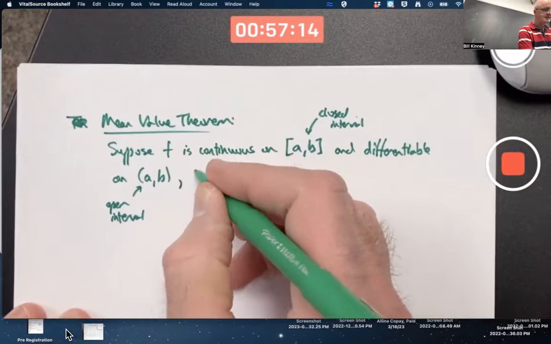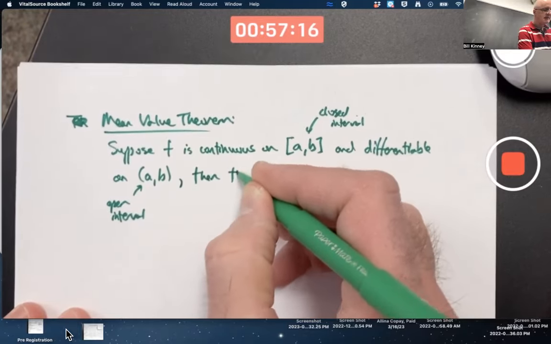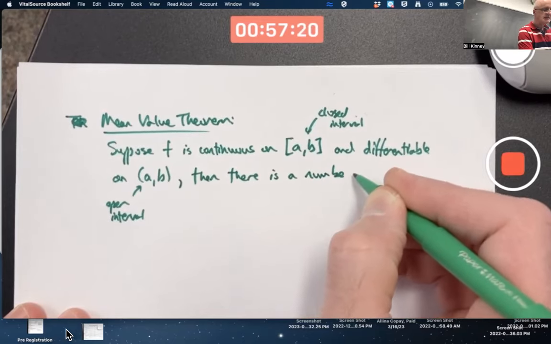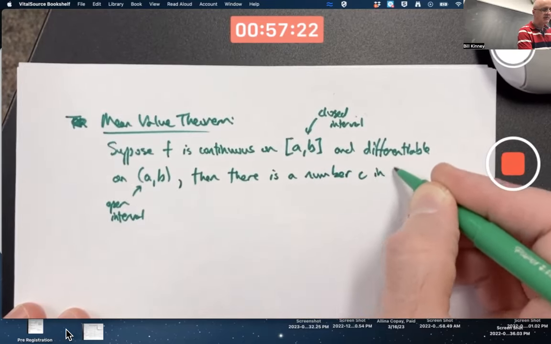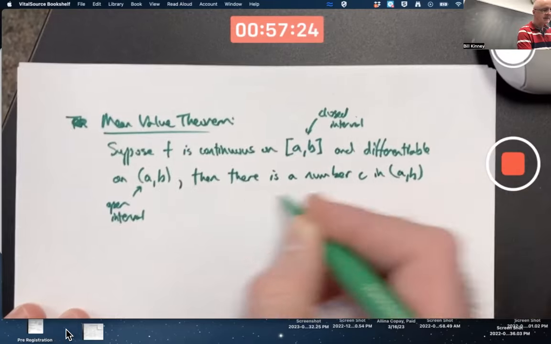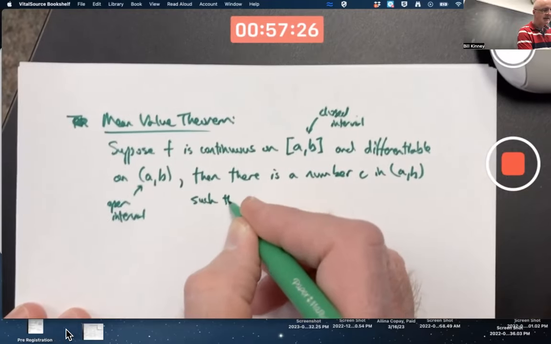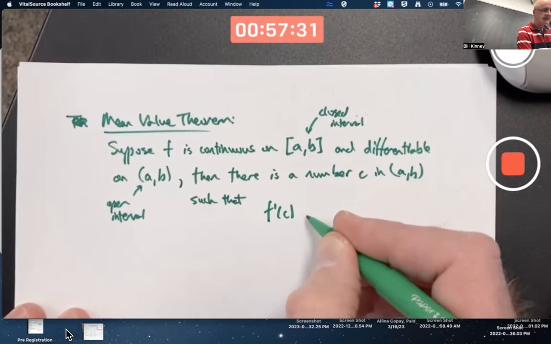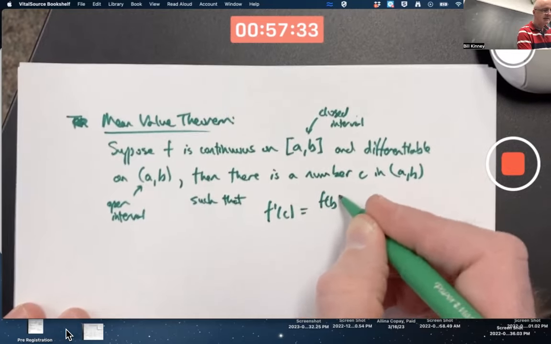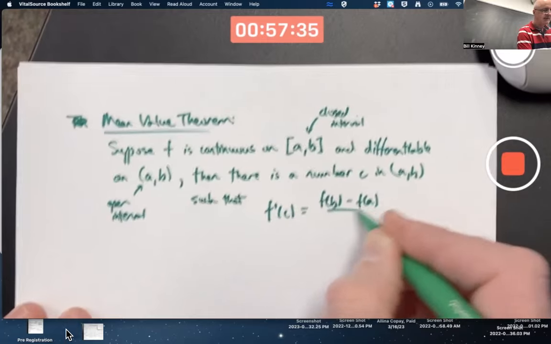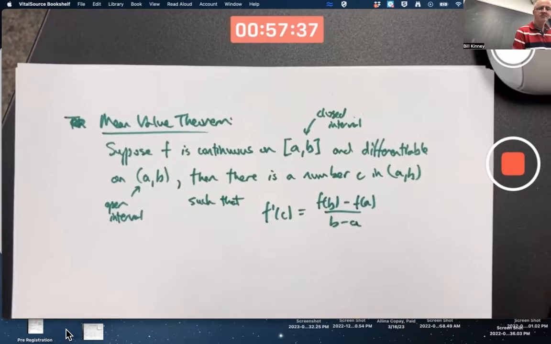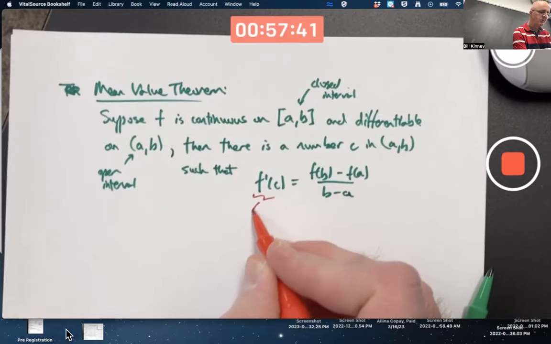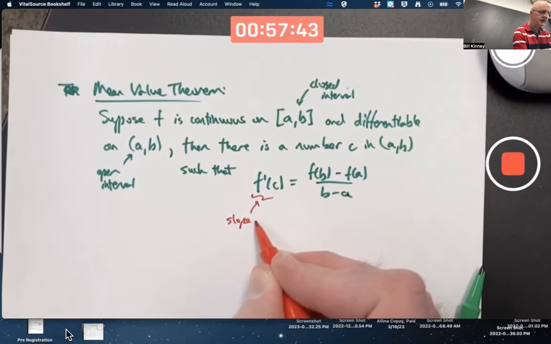And the conclusion is then there is a number, call it C, in the interval from A to B, such that f prime of C equals f of B minus f of A divided by B minus A. The derivative is the slope of a tangent line.